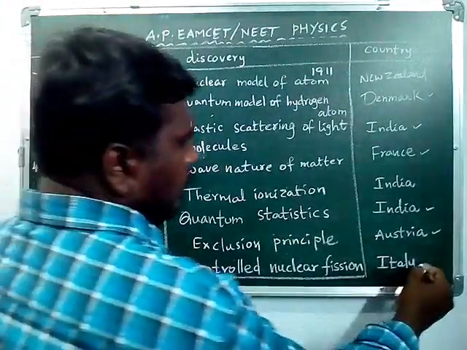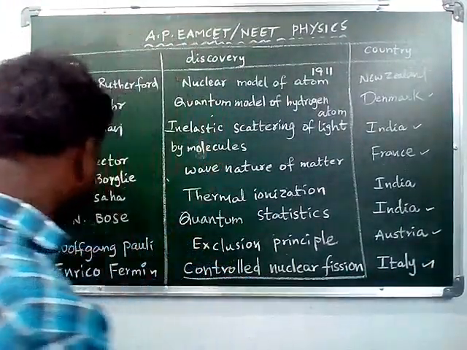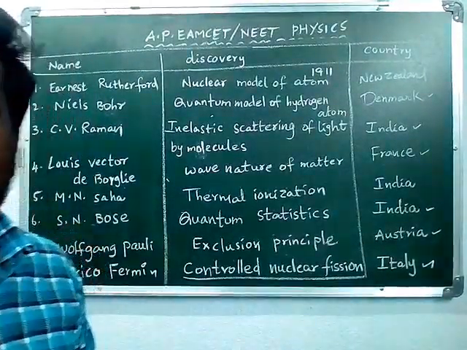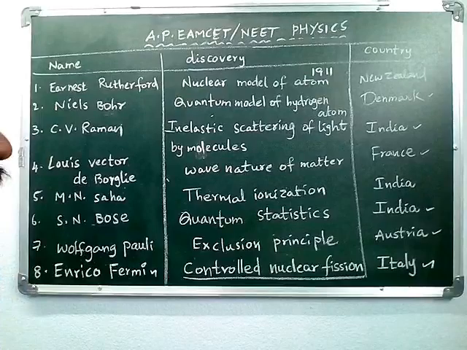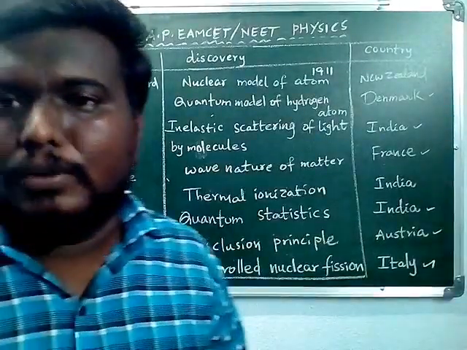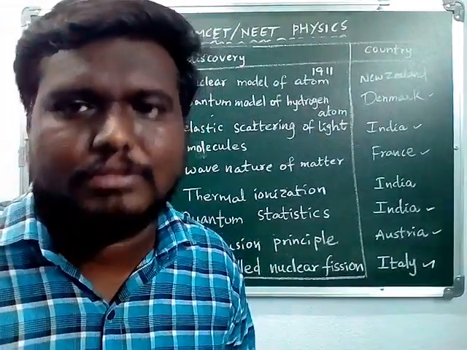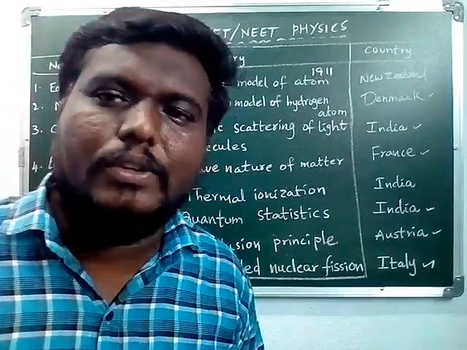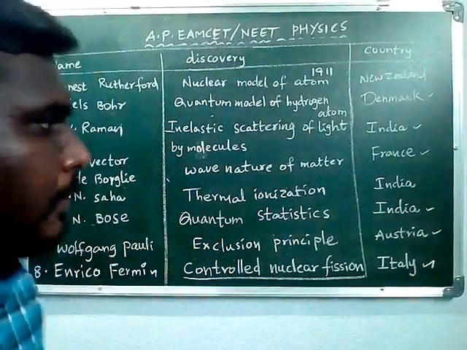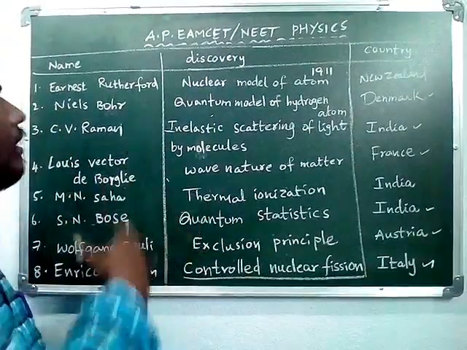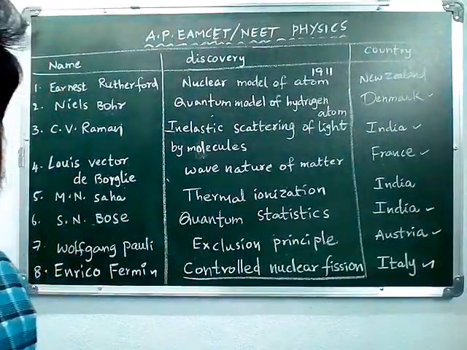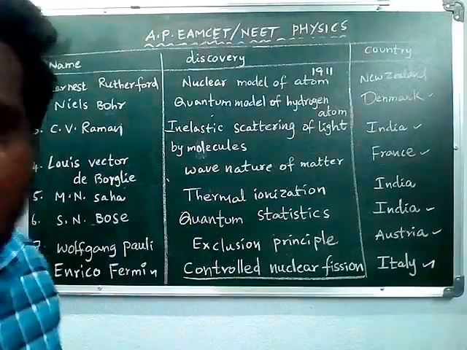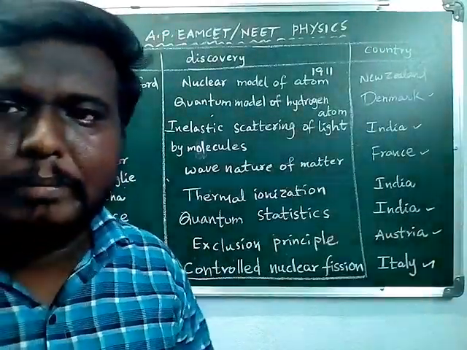He was an Italian scientist, and also the fermi is used as a unit of the size of a nucleus. That is the main purpose of discovery and our scientist names. It is also an important question pattern for EAMCET and NEET, right?